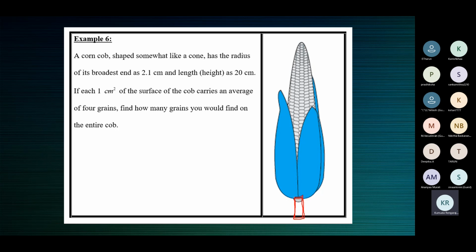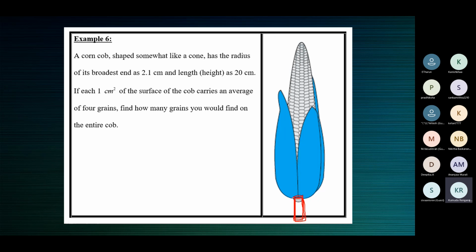So this is the portion where the stalk will be attached to the cone, and the place where the stalk is fixed to the cone will be circular. Regard that as the base of the cone.